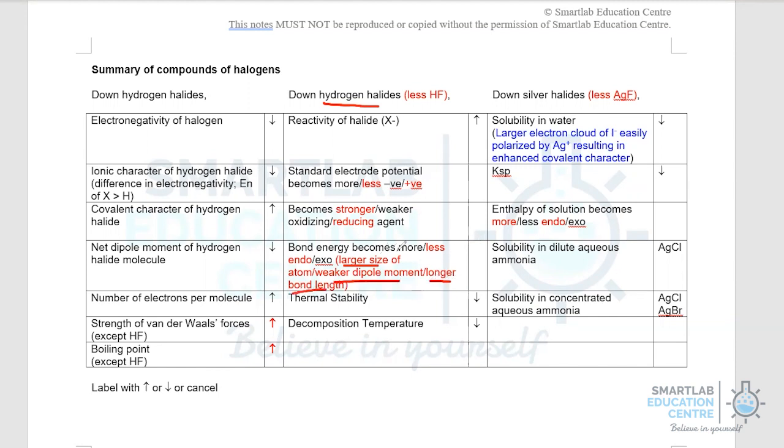And so we expect bond energy to be less endothermic going down the group. And if the bond energy is weaker, the thermal stability decreases, which means thermal instability increases. The thermal decomposition temperature will decrease as well. Thermal decomposition temperature for HI will be the lowest relative to that of HBr, and for HBr will be lower than that of HCl.